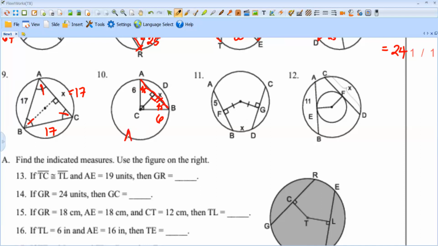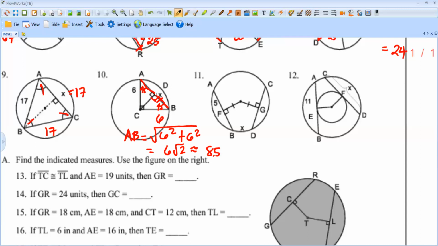So AB is equal to the square root of 6 squared plus 6 squared, which is 6 times the square root of 2, or in decimal 8.5.